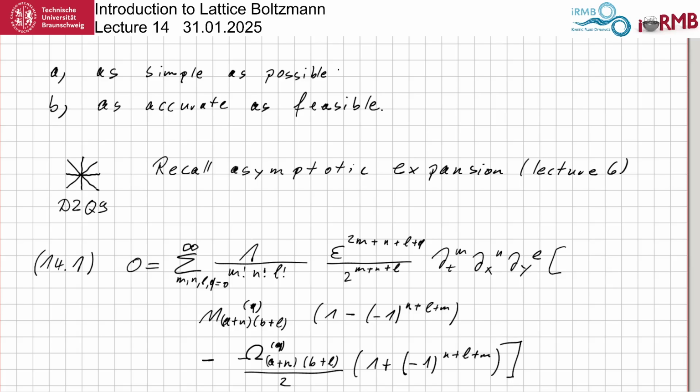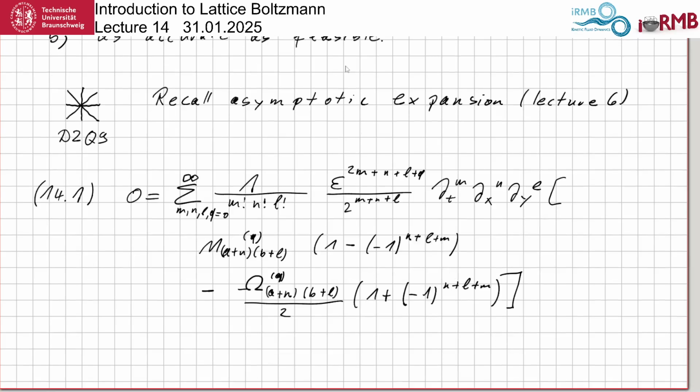So this is what we derived in lecture 6, and I was just thinking, if somebody hears this for the first time, they will probably stop here. So this is the asymptotic expansion that we got.